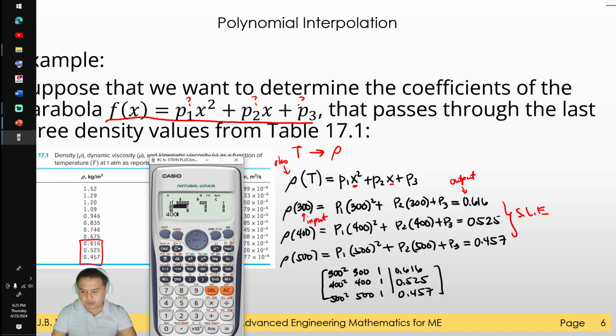We have 400 squared, 400, and 1, and then 0.525. We have 500 squared, 500, 1, and 0.457. So you will have a solution.